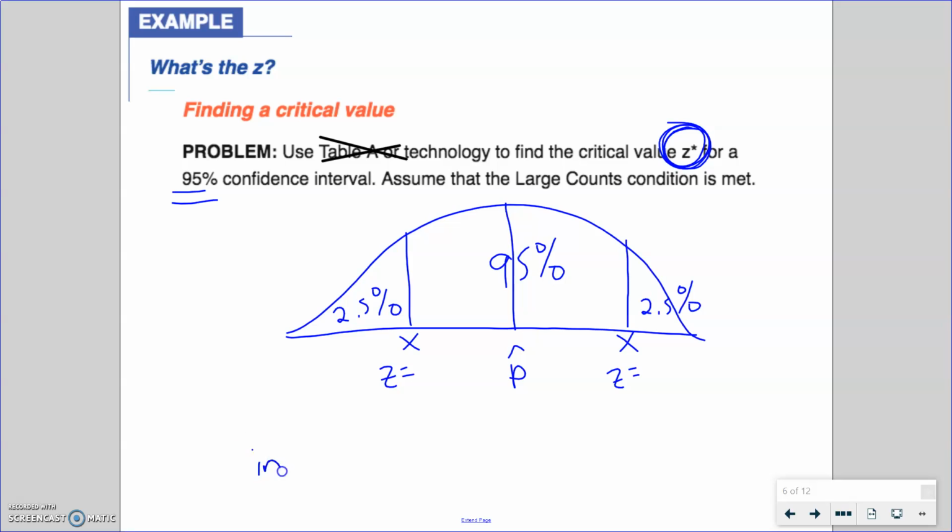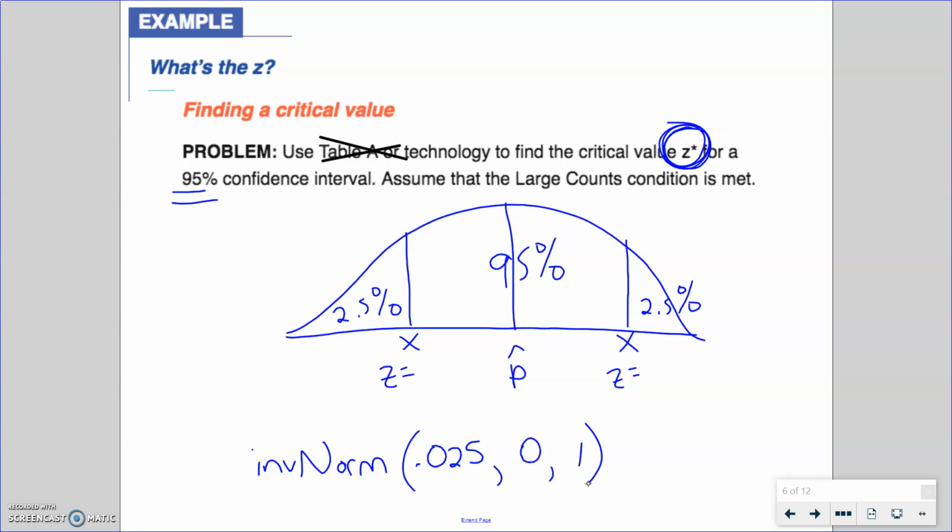I'm going to use inverse norm in my calculator, where the probability to the left is 0.025. The mean is 0 and the standard deviation is 1, because I'm using the standard normal, where the mean is 0 and z-scores are in units of 1.